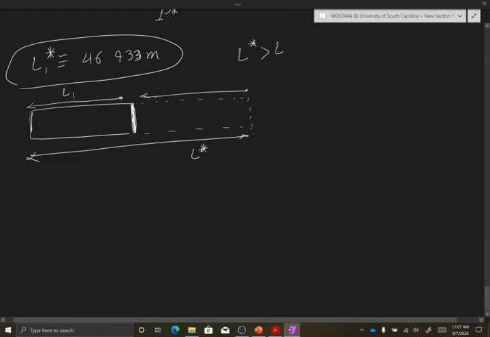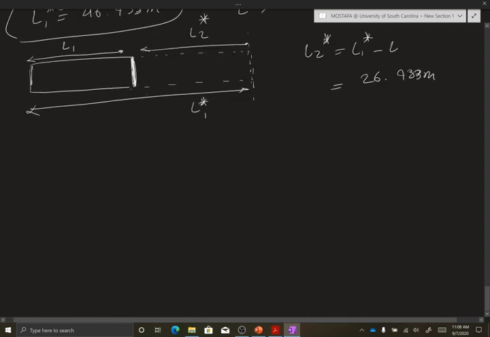And L2 here is L star minus L1. Okay. And this is L2 star because it will get to the choking point, right? So L2 star is equal to L1 star minus L1 or L. So 46.933 meters minus 20 is going to give you 26.933 meters, right?